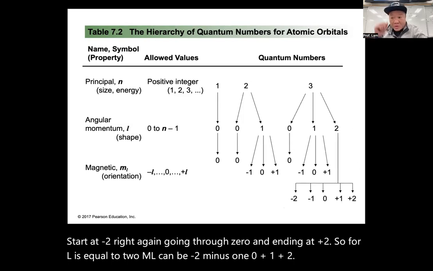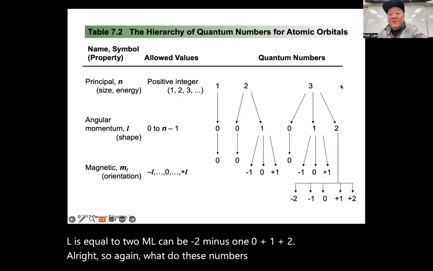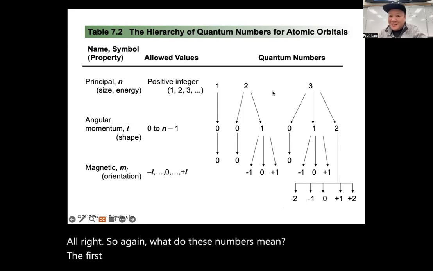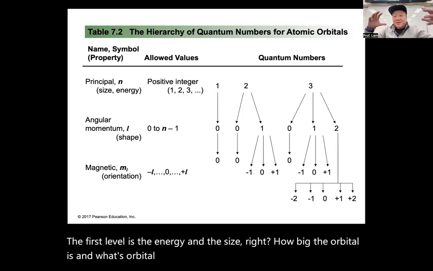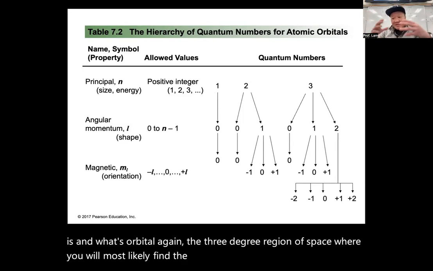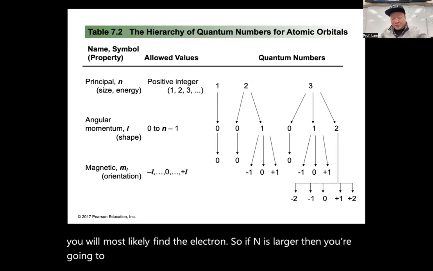All right, so again, what do these numbers mean? The first level is the energy and the size, right? How big the orbital is. And what's an orbital again? The 3D region of space where you will most likely find the electron. So if n is larger, then you're going to have a larger region of space, okay? Then you go to L. L is shape, okay?